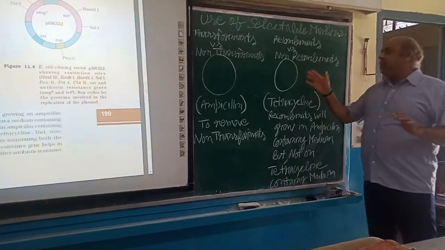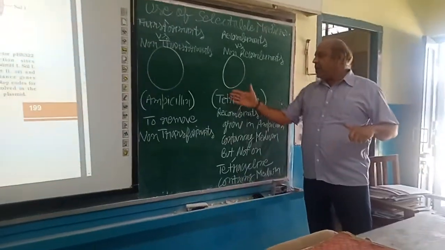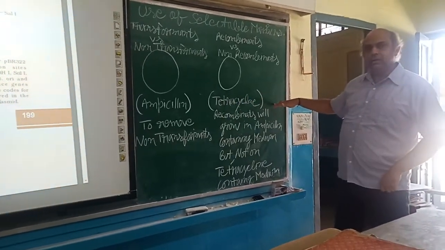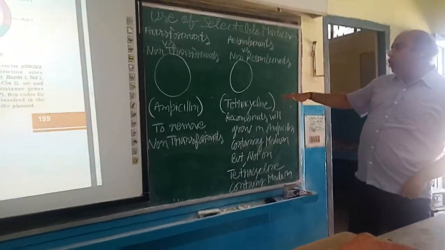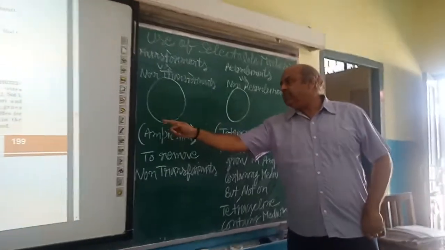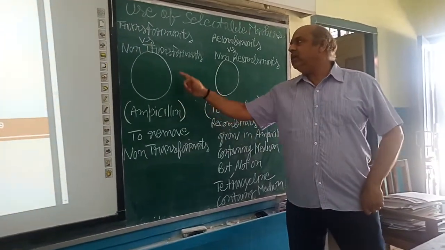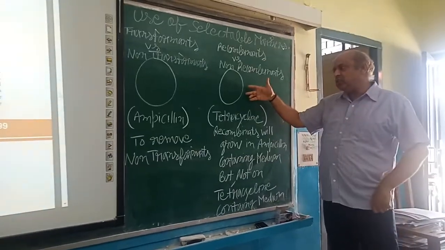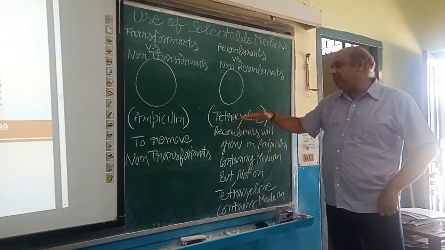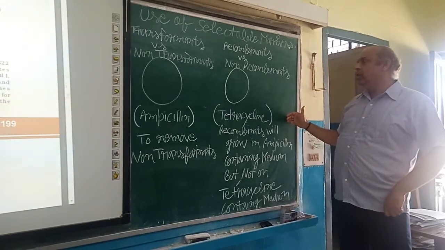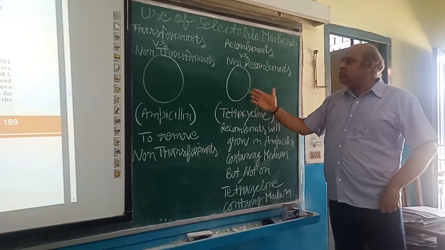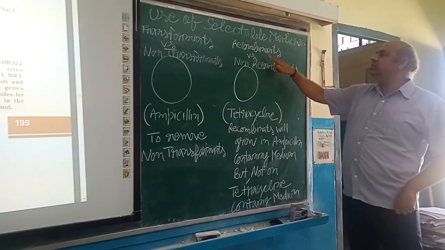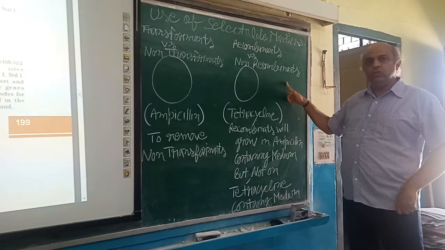Now we again have to make a culture medium having the antibiotic tetracycline. Those bacteria which survive in the ampicillin culture medium will be transferred to this petri dish having tetracycline in the culture medium. This culture medium is created to differentiate recombinants from non-recombinants.